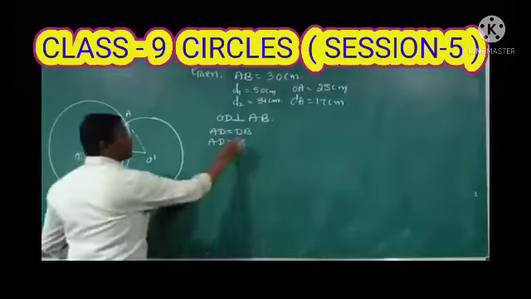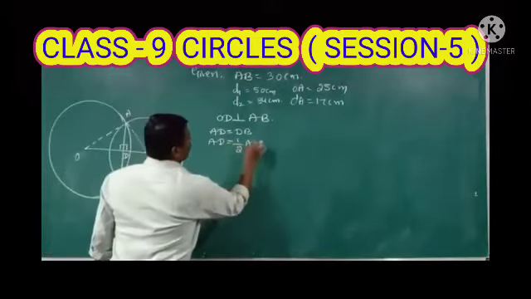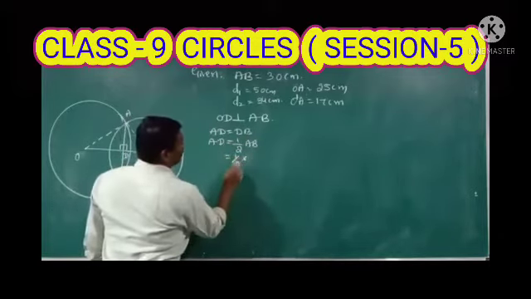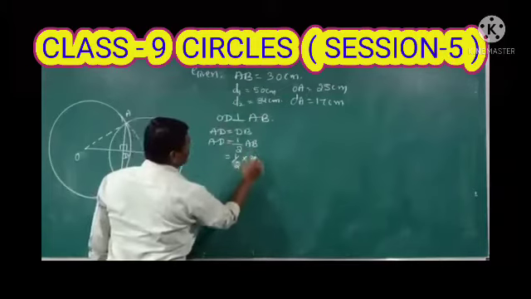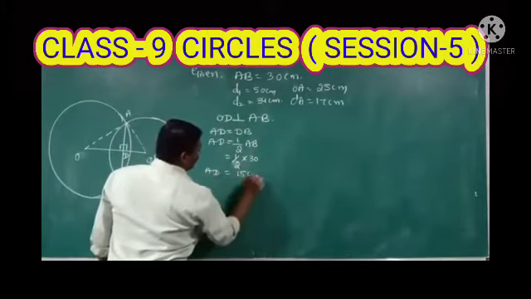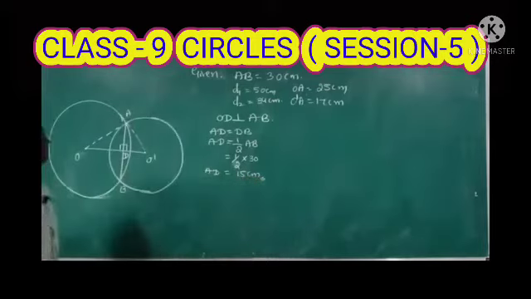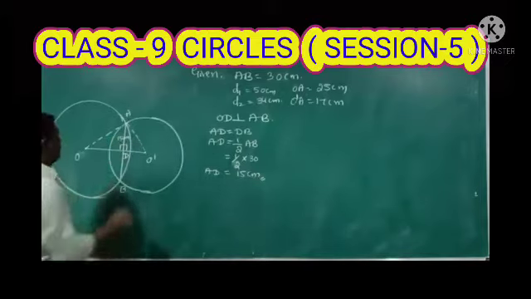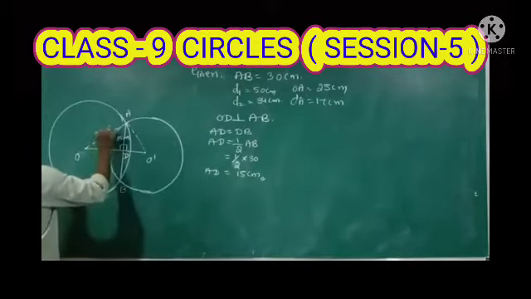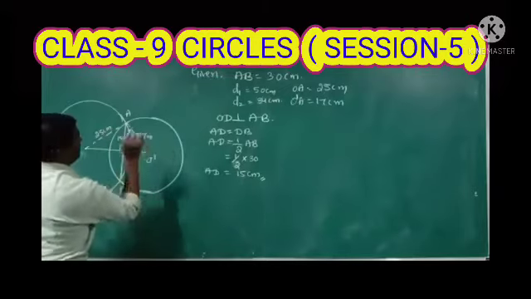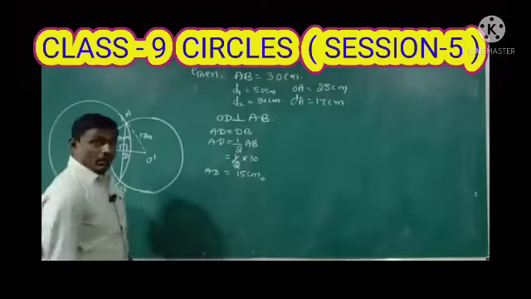AD length is half of the whole chord AB. So 1 by 2, the length of the chord AB is 30 centimeter, so the AD length is equal to 15 centimeter. So this length becomes 15 centimeter, this length is 25 centimeter, and this one is 17 centimeter. Okay, what you need to find here?